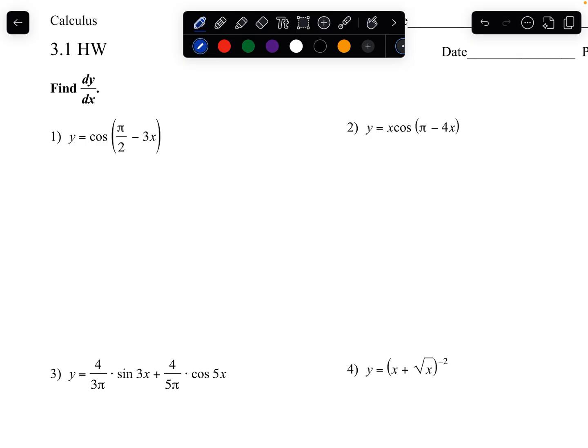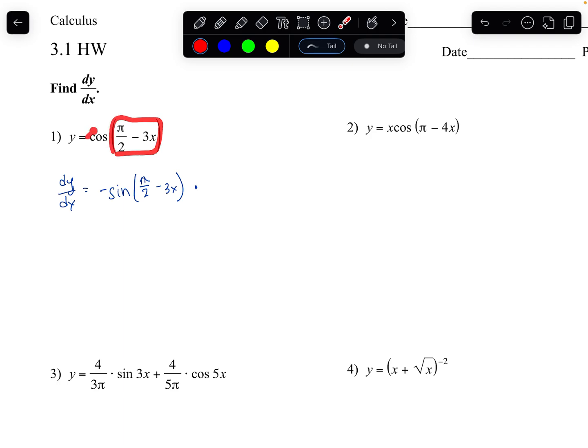So trying to find dy dx here. The derivative of y with respect to x is going to be equal to, well, I know that the derivative of cosine is negative sine. So negative sine of the inside part needs to stay the same. So pi over 2 minus 3x times, now this is where I'm going to look inside.